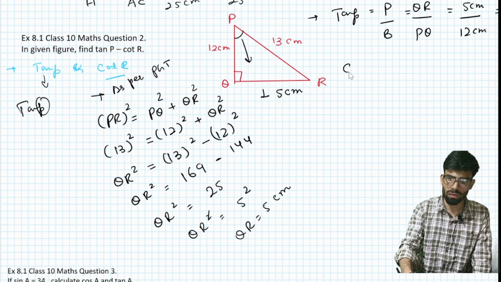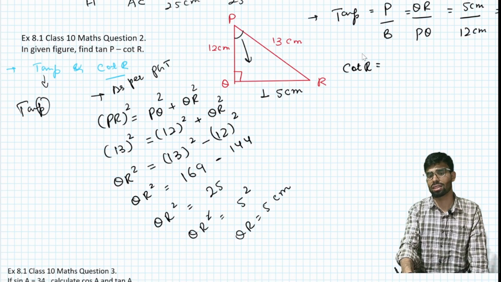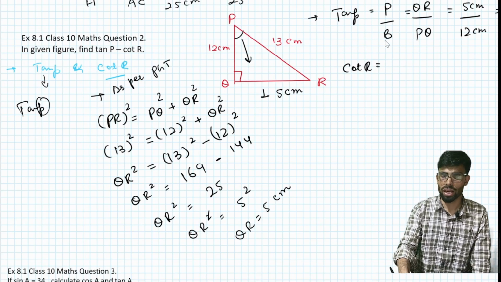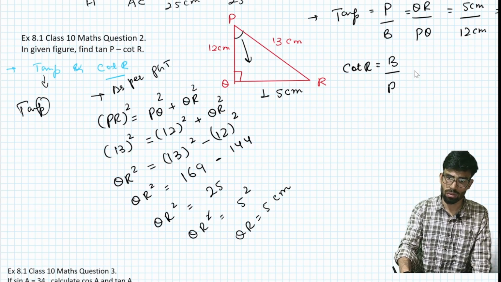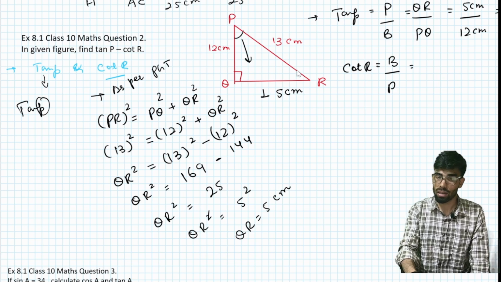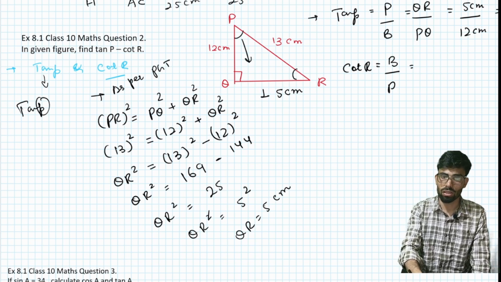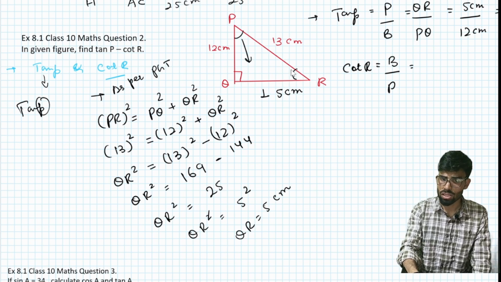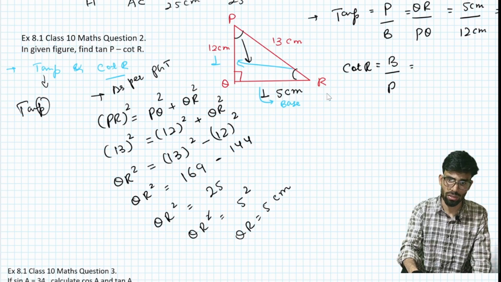In a similar way, we have to find cot. As I have mentioned, cot is the inverse of tan. That means if it was perpendicular upon base, it will become base upon perpendicular. But here the angle of interest is changed. This is our angle of interest. The opposite of this angle of interest will be perpendicular, and for this angle, this will act as base.